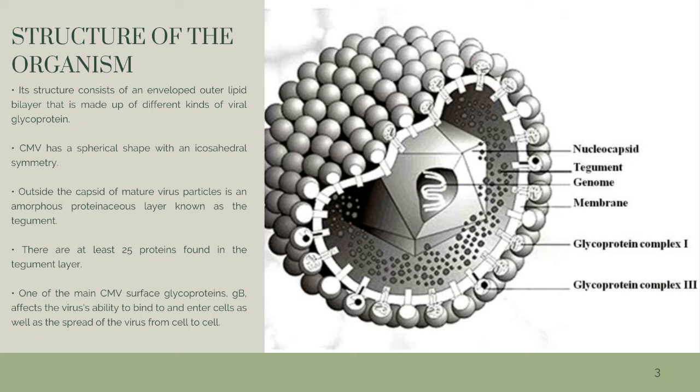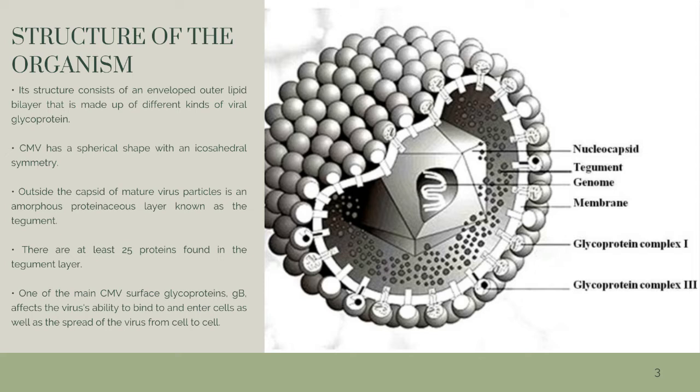The tegument is made up of proteins such as VP16, which is in charge of subverting cellular proteins and enzymes involved in viral nucleic acid replication, and VHS, or virion host shutoff, which is responsible for shutting off host cell protein synthesis in the cytoplasm.